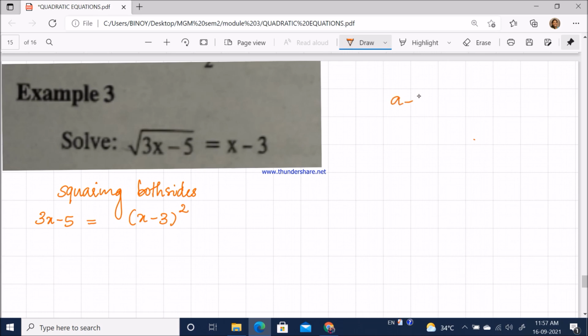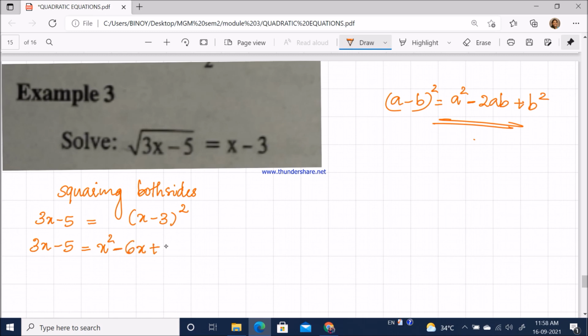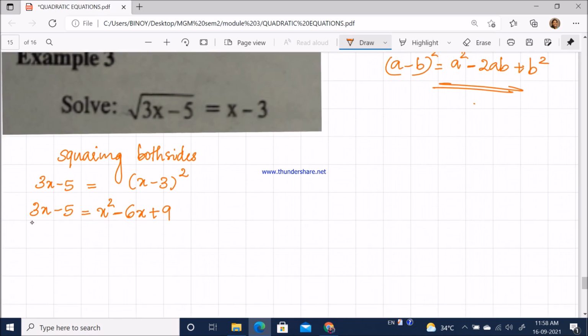So (a minus b) whole square is a square minus 2ab plus b square. This is the general formula. So 3x minus 5 is equal to x square minus 6x plus 9. Now we are going to move this to the other side.